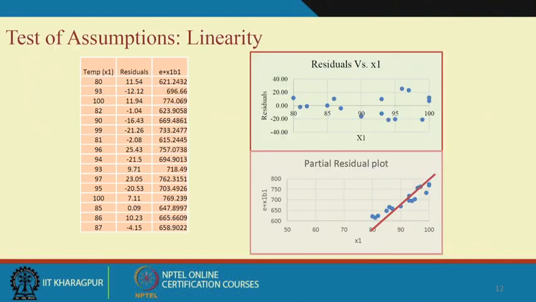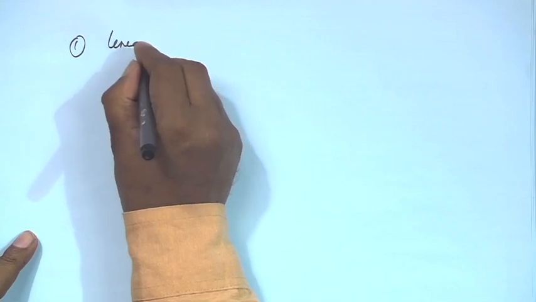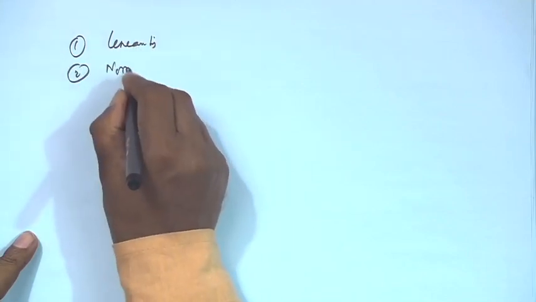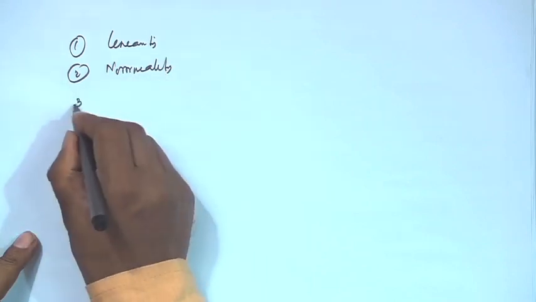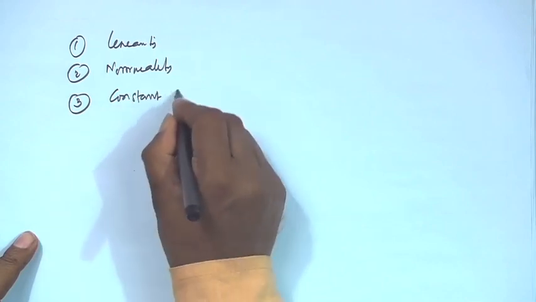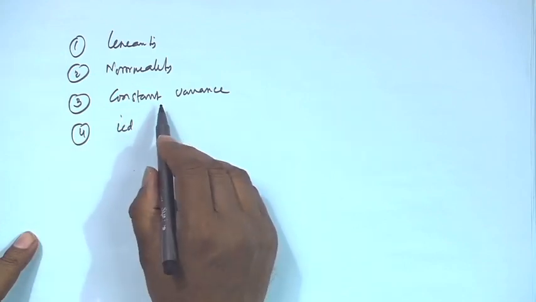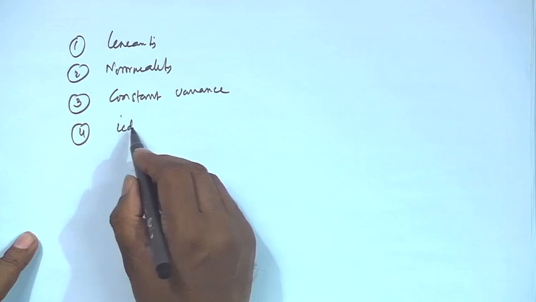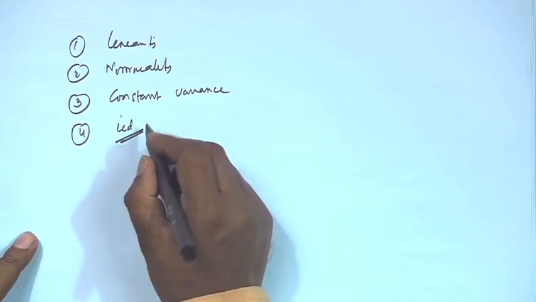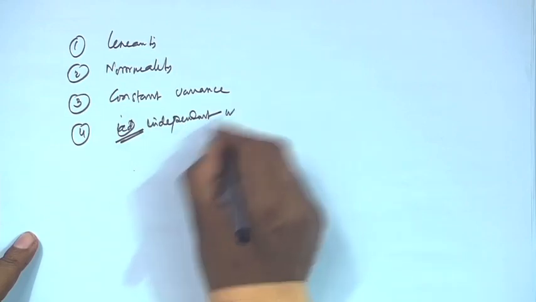Now, the test of assumptions. Test of assumptions is very important in regression. What are the assumptions in multiple linear regression? One is linearity, two is normality, three is constant variance, and four is IID, that is independent or uncorrelated observations.